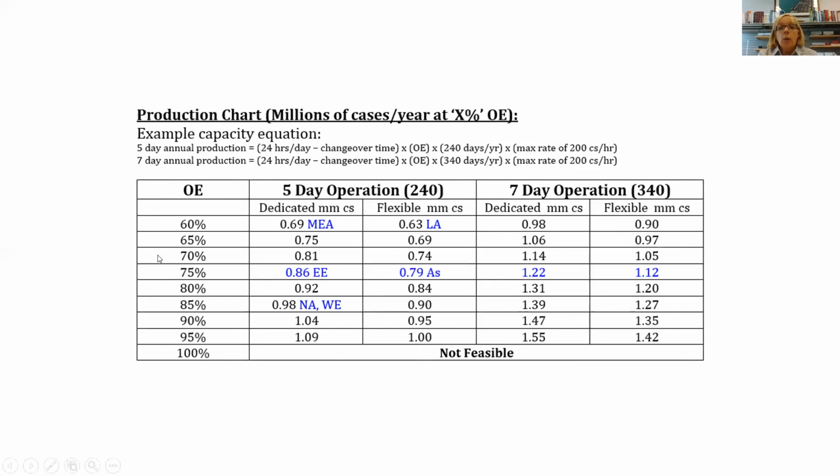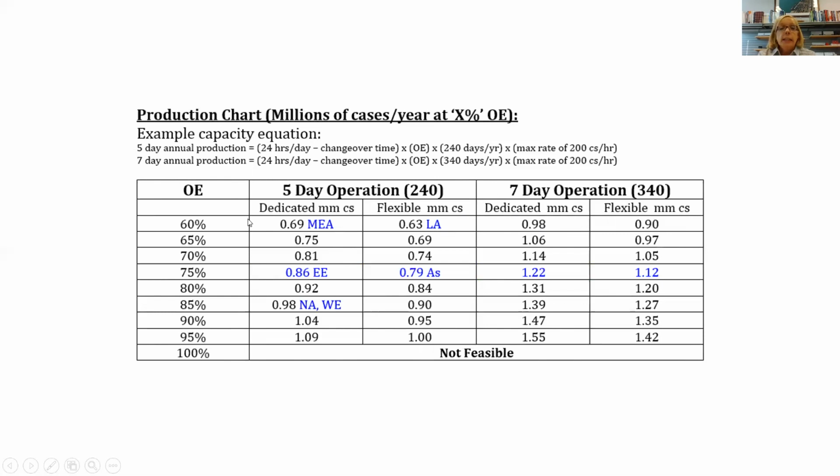Now you'll notice here already that, to make sure we don't have to keep looking at charts, what we've done is put particular areas affiliated with their current operation. Let me see if I can show you how this chart is coded. If we're looking at Latin America, we currently have 2 SKU families, but it's a flexible line.